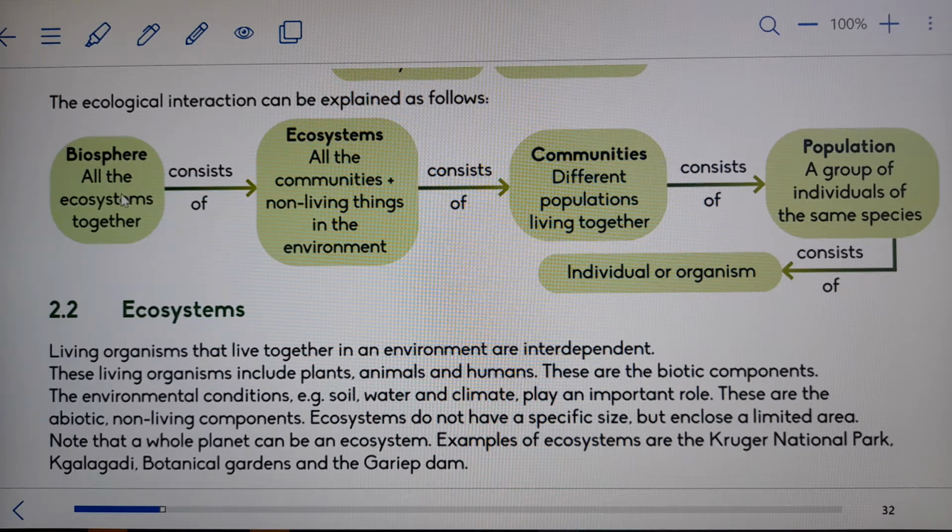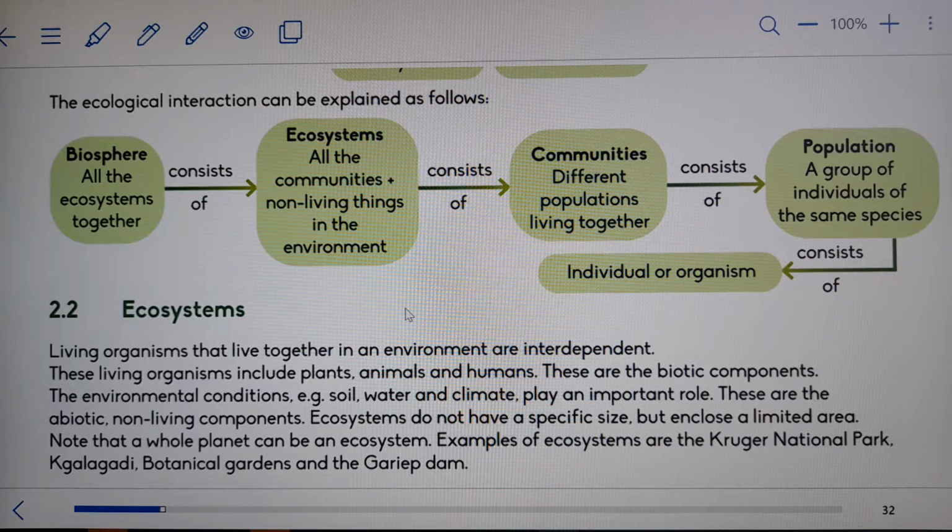Biosphere is all the ecosystems together, which consists of all the communities plus non-living things in the environment. And it consists of communities, which is different populations living together. It also consists of population, a group of individuals of the same species. And it consists of individual or organism.